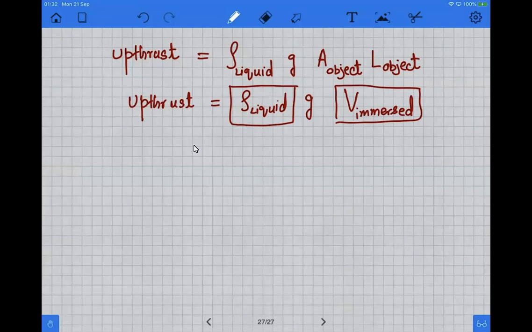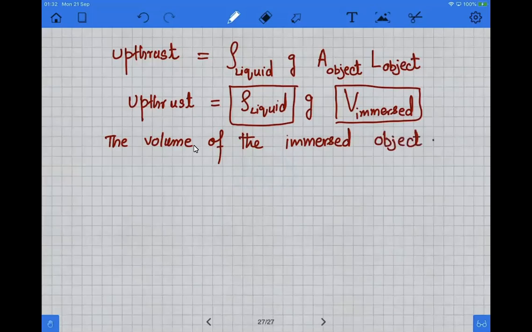But one more important thing is that the volume of the immersed object will be the same as the volume of the displaced liquid.